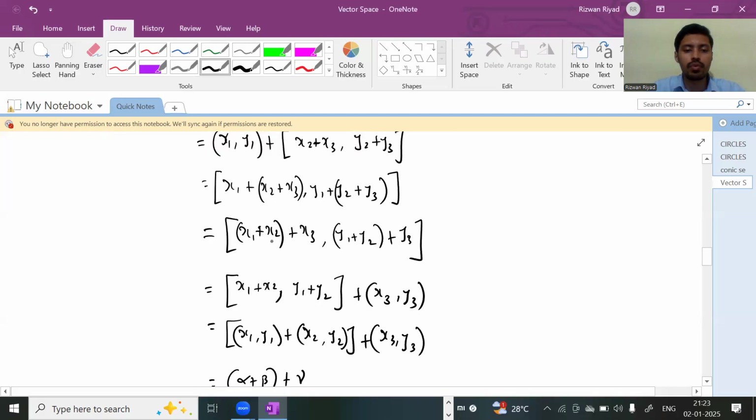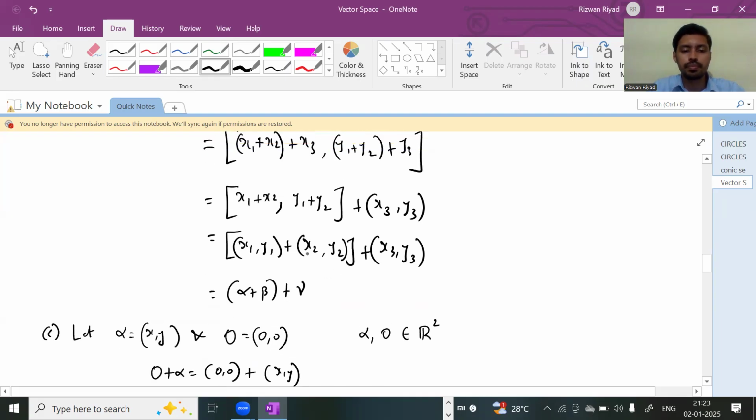That is nothing but (x1 + x2, y1 + y2) plus (x3, y3). If you add them you will get the same: (x1 + x2) + x3 and (y1 + y2) + y3. So this can be written in this form.